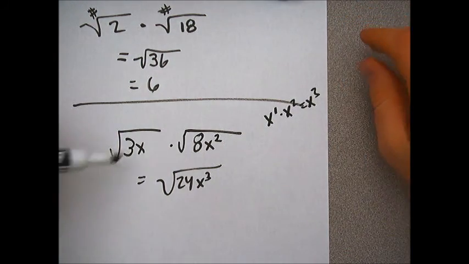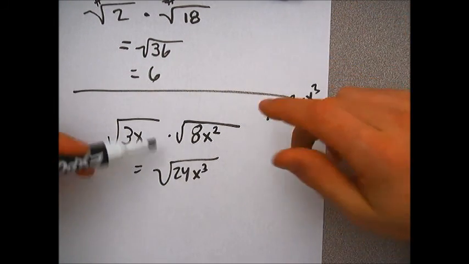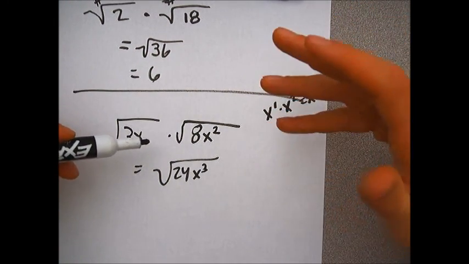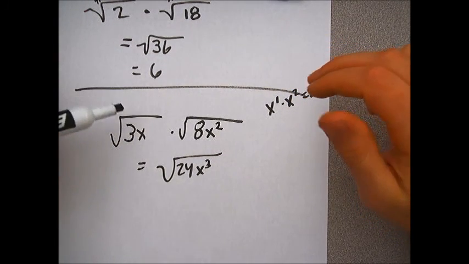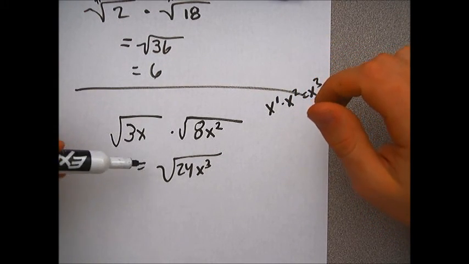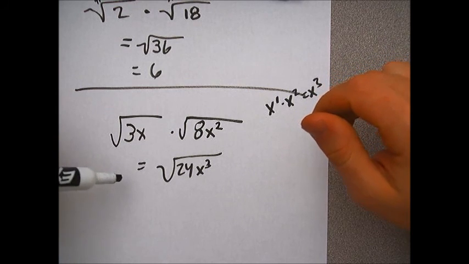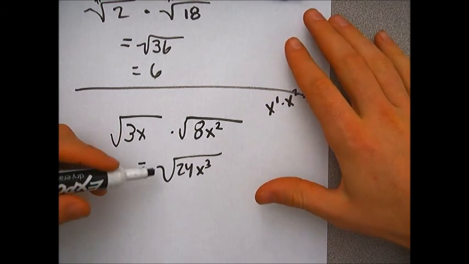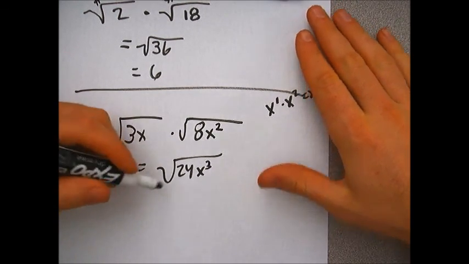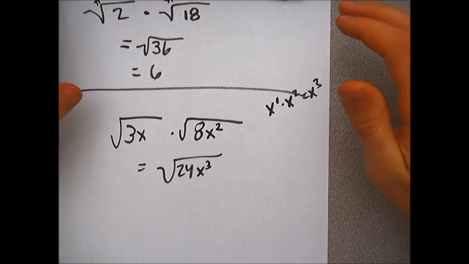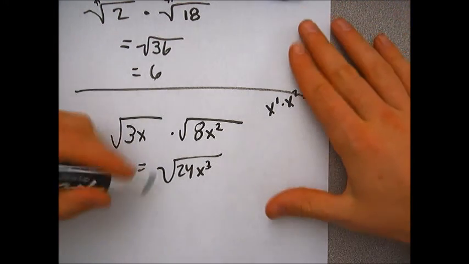You'd add those up. When I go to break this down now, it's a square root. Go back to my perfect square list. What perfect square goes into 24, and the biggest one that goes into 24 would be 4. 2 times 2 is 4. If you think about the other ones, what do we have? 9, no. 16, no. 25, it's already too big.